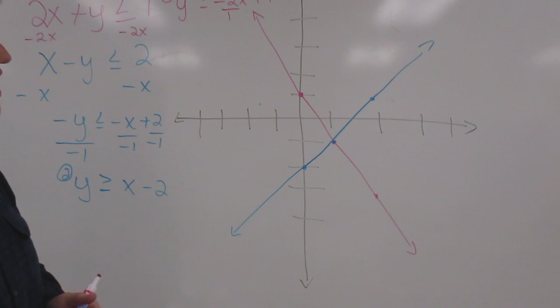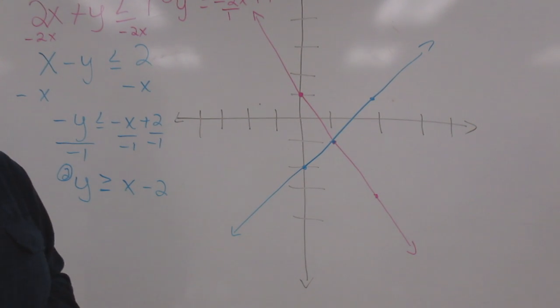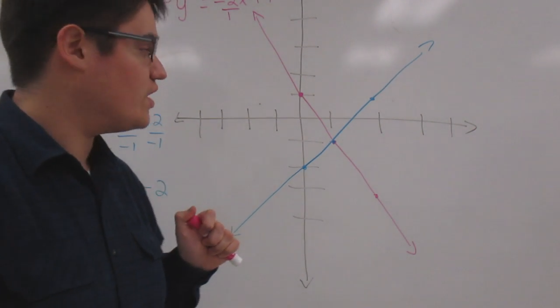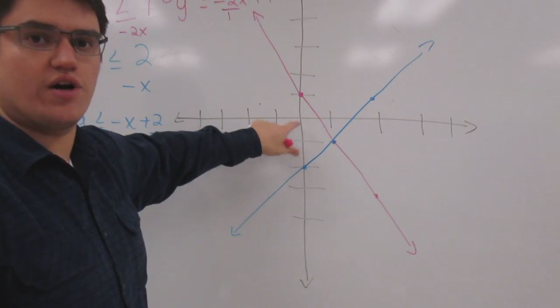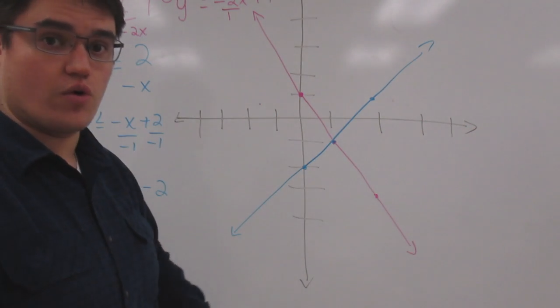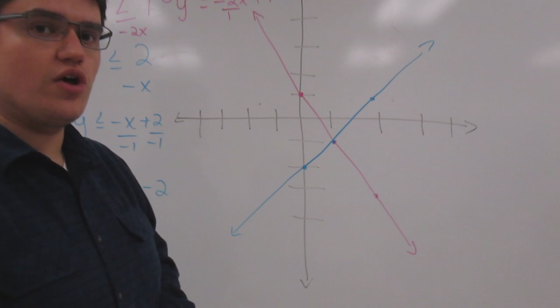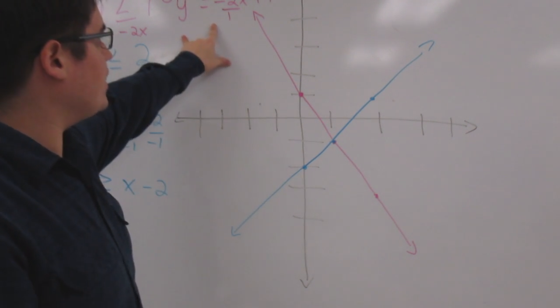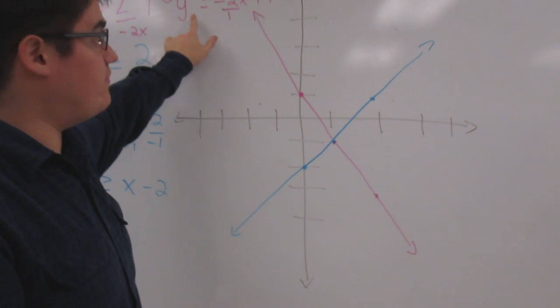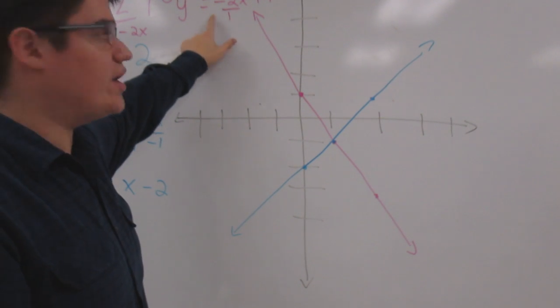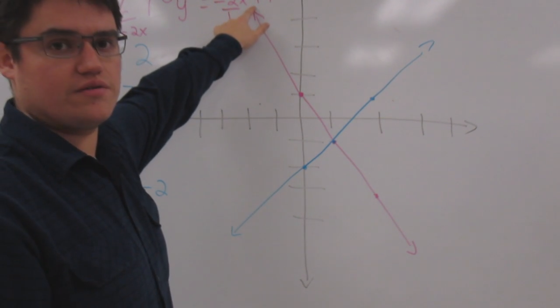So you could use test points here for the shading, but we're going to look at it a little bit differently with this one. Again, the test point is 0, 0. If you feel comfortable with that way, go right ahead. What I'm going to look at, though, is with the pink, I'm saying all my y values have to be less than or equal to this right here.